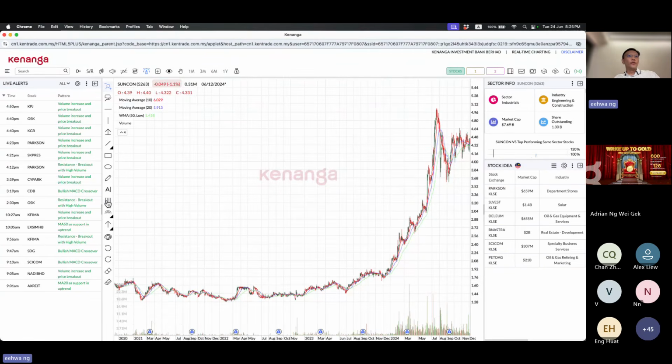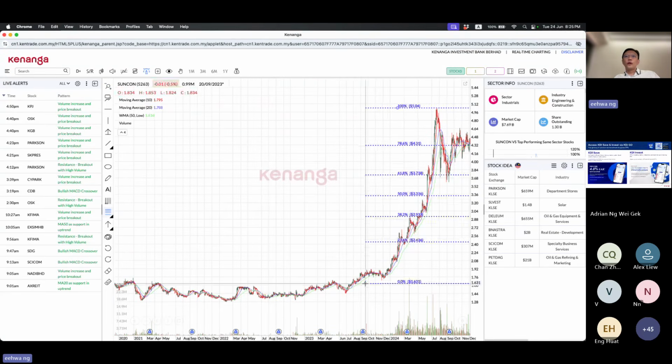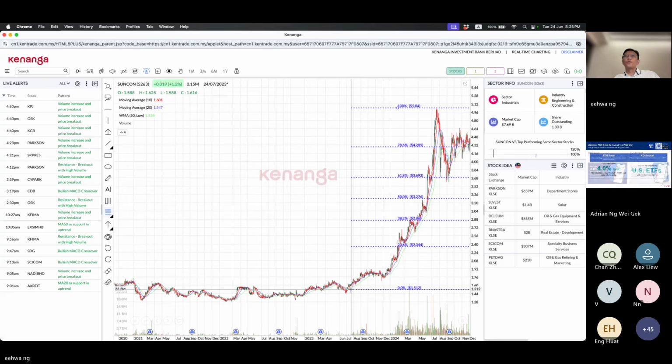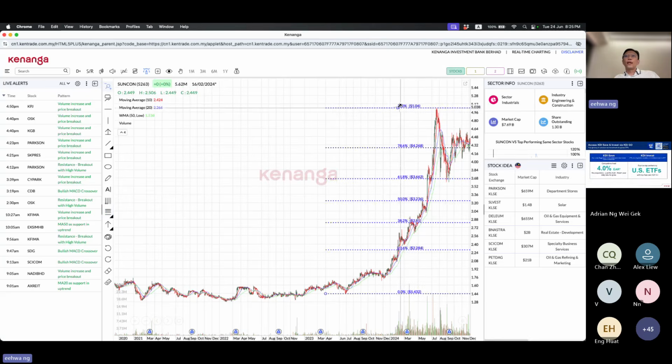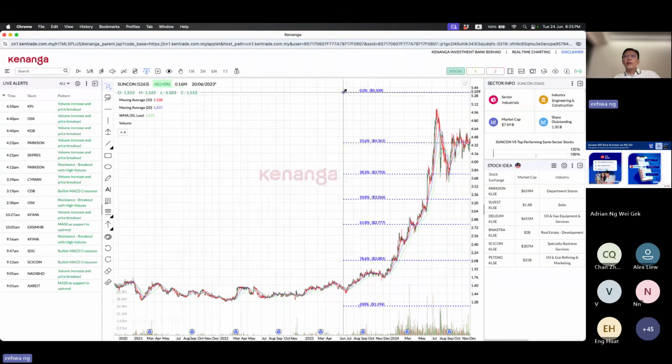So we can use Fibo, oh sorry, this one, something that looks like a rainbow. This is the one. You plot the highest, you draw the way down to the lowest. Sorry, I don't use Fibo myself, so I drew opposite.